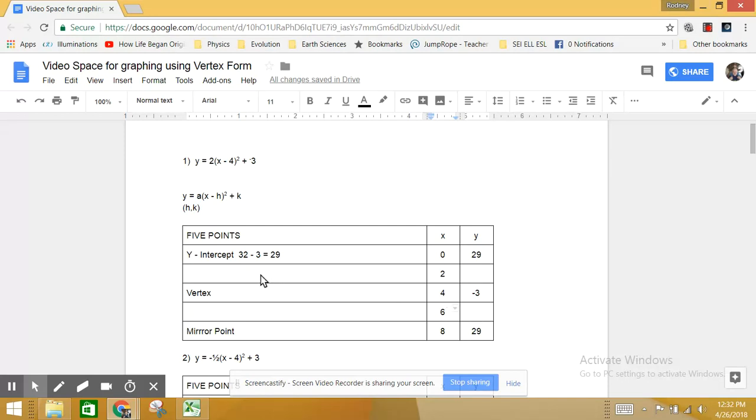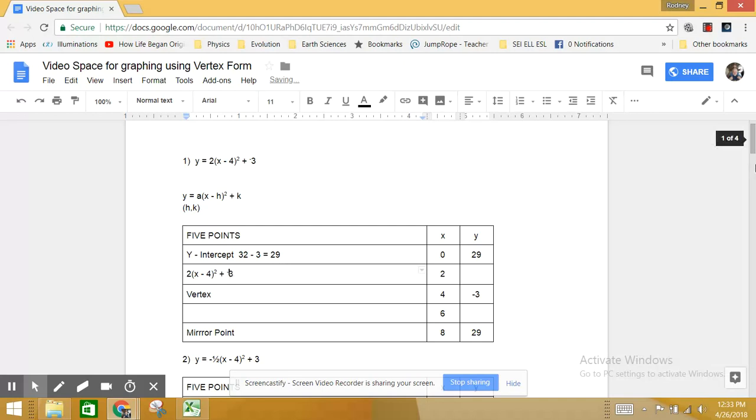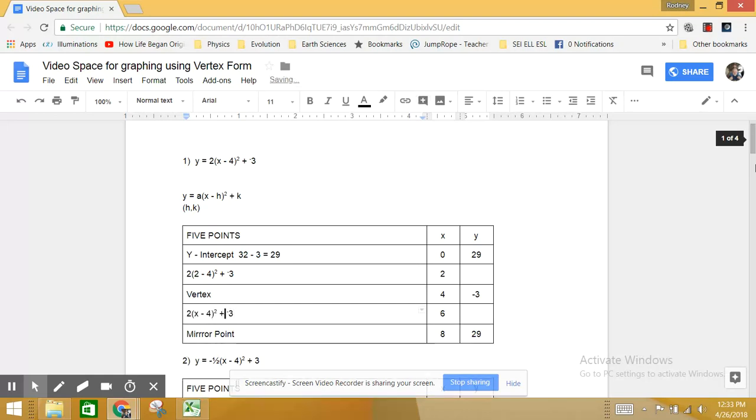So now we just have to plug in our input. I'm going to plug in my input of 2 here. I don't have to plug in the other one because I know the answer is going to be the same because of symmetry, but we'll do it just to make sure.